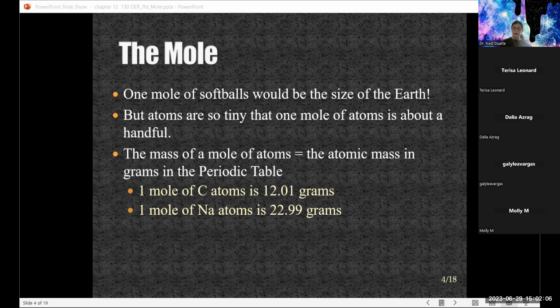You got it. Okay, exactly. And the same would be true for whatever element. You just look at the atomic weight. And if they said, well, half a mole, how much would half a mole of carbon weigh? It would simply be half of 12.01. Okay. All right.